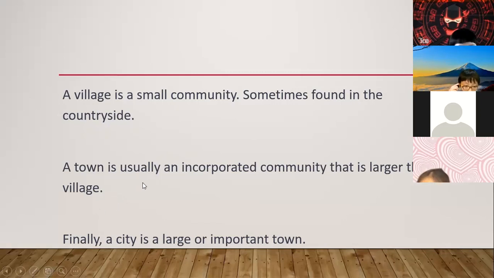A town is usually an incorporated community that is larger than a village. Incorporated community means lots of people do different things. And finally, a city is a large or important town. So that is what they are.